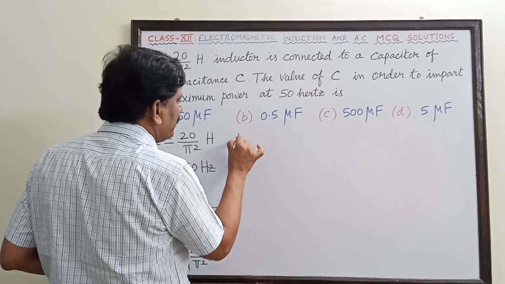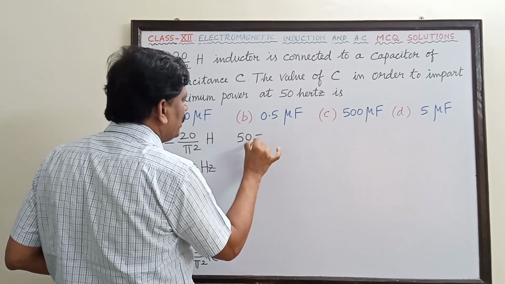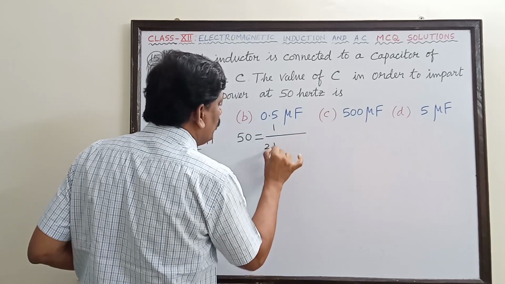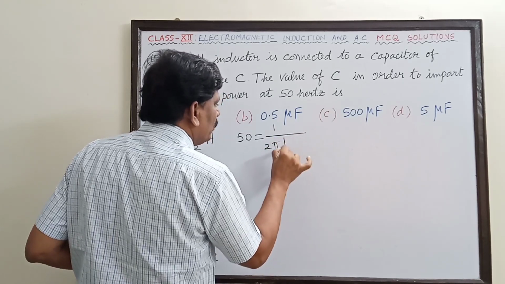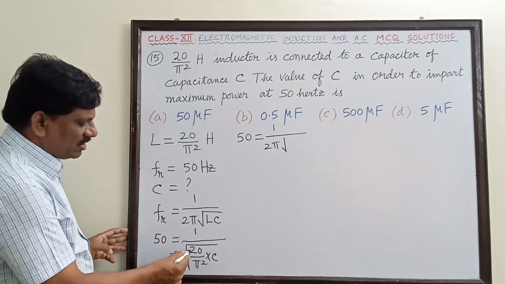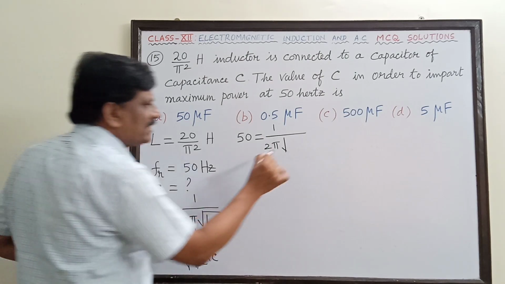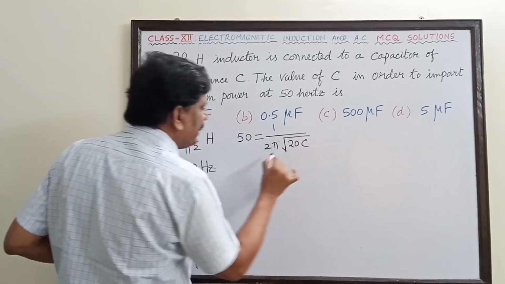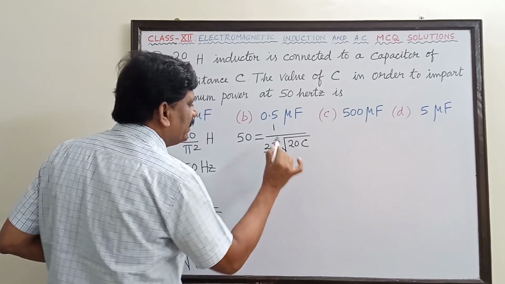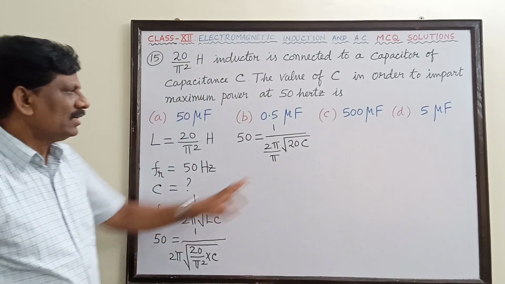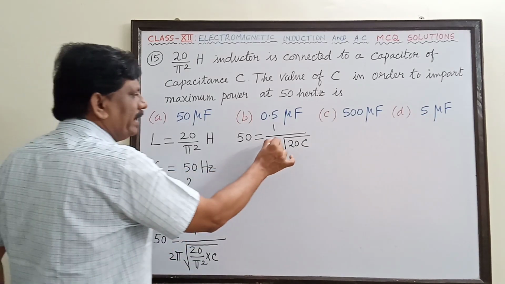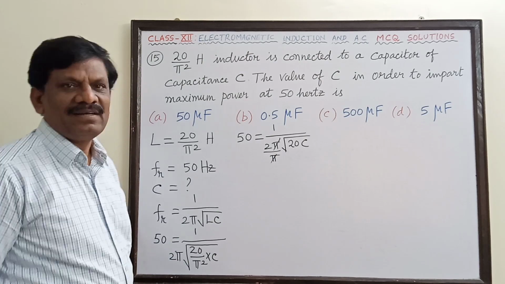So 50 Hertz is now equal to 1 divided by 2 pi into square root of 20 into C will remain inside. This pi will come in the denominator. 20 by pi square was there, it has come out as pi, so that this pi term can be cancelled.